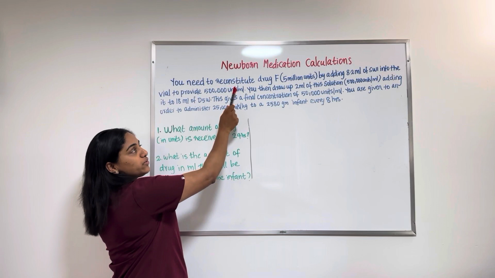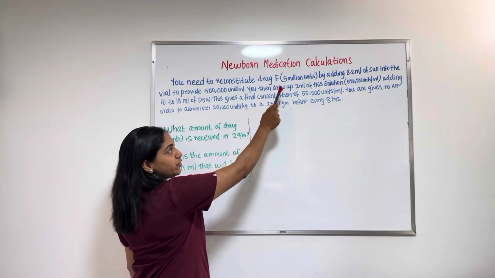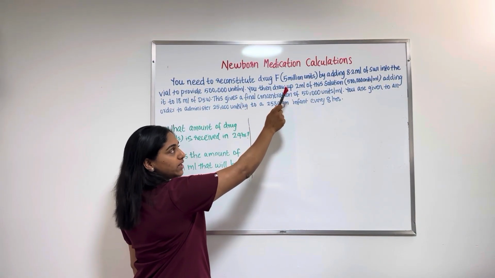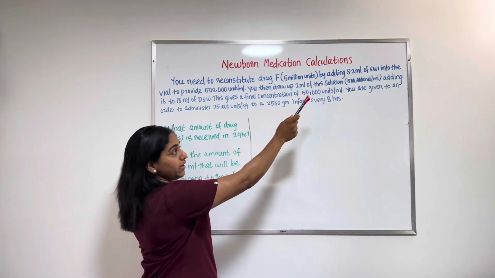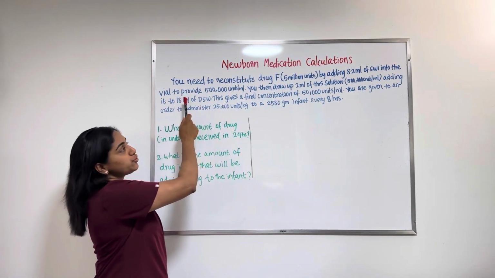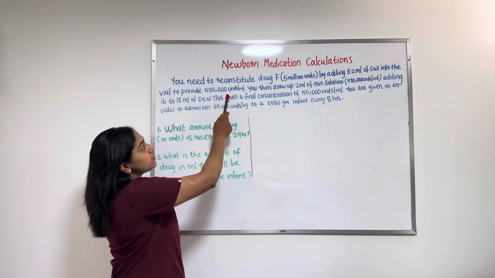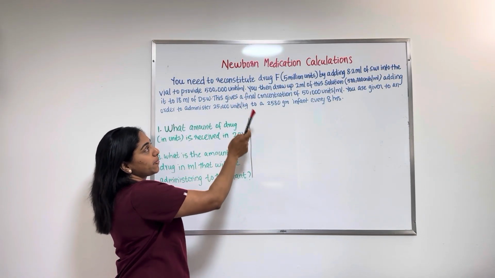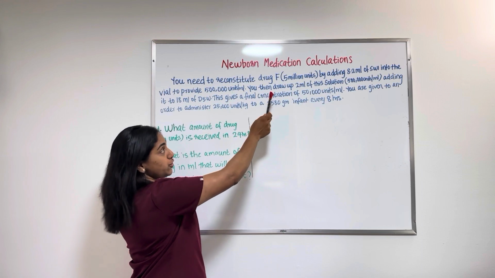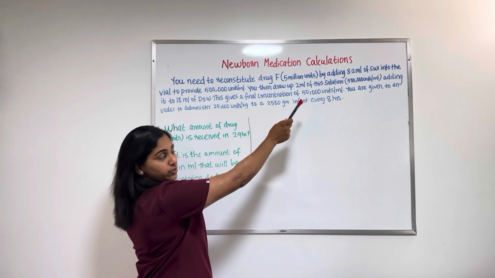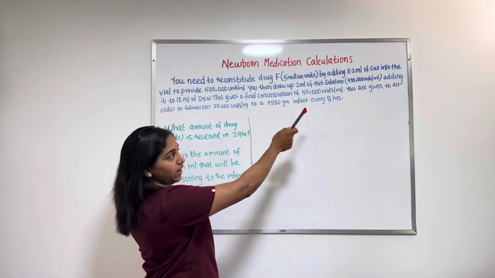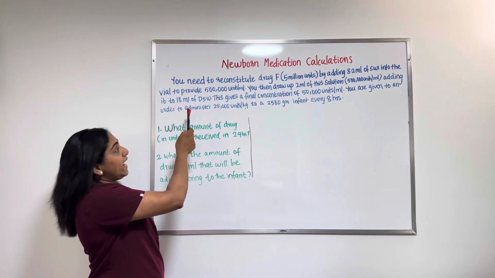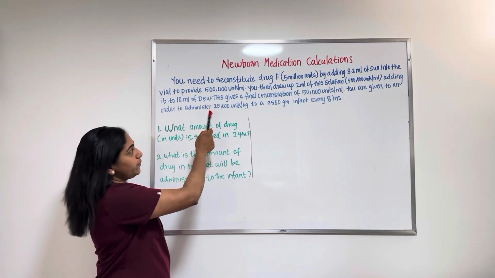You need to reconstitute drug F which contains 5 million units by adding 8.2 ml of SWI into the vial to provide 500,000 units per ml. You then draw up 2 ml of this solution, which contains 500,000 units per ml, adding it to 18 ml of D5W.